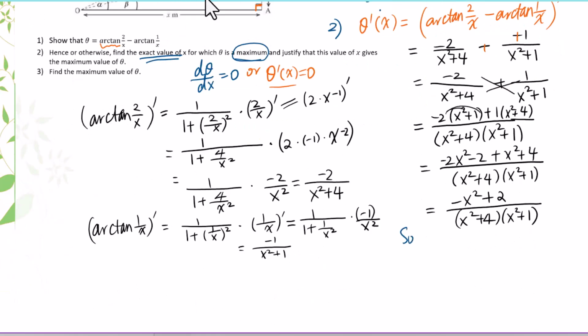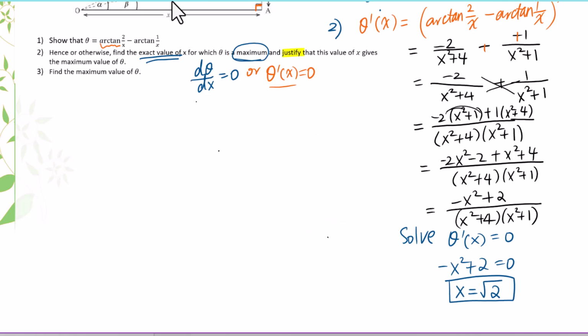Then we need to solve theta prime of x equals 0. Negative x squared plus 2 equals 0. Since this x is the length, it must be greater than 0. x equals square root of 2. This is the exact value. And justify that this value of x gives the maximum value of theta.